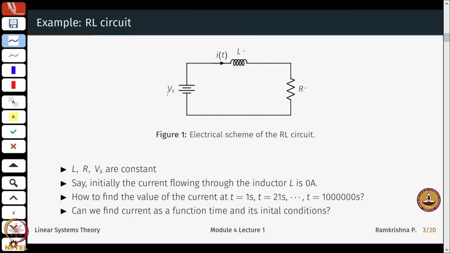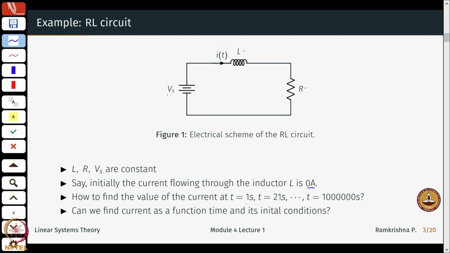What I would like to see is the evolution of current as soon as the voltage is applied at say t equal to 0. Let me also assume that the initial current through the inductor and therefore also through the resistor is 0. So, the question is, how do I find the value of current at t equal to say 1 second, 20 seconds, and so on?